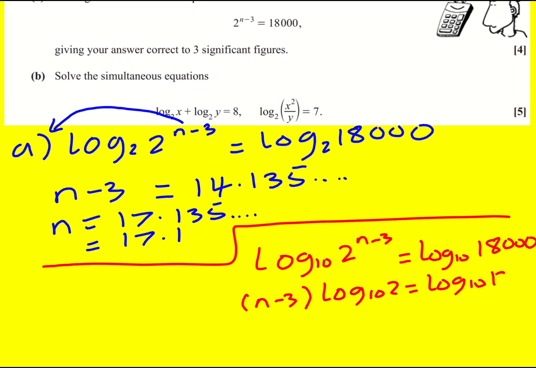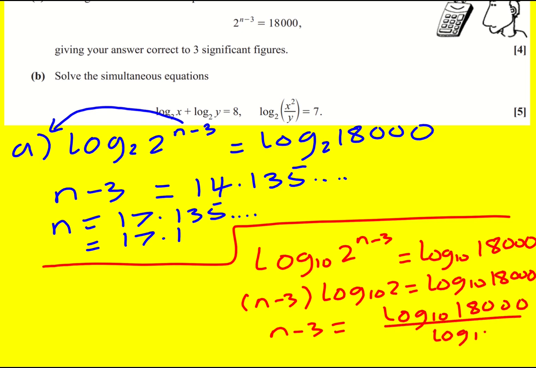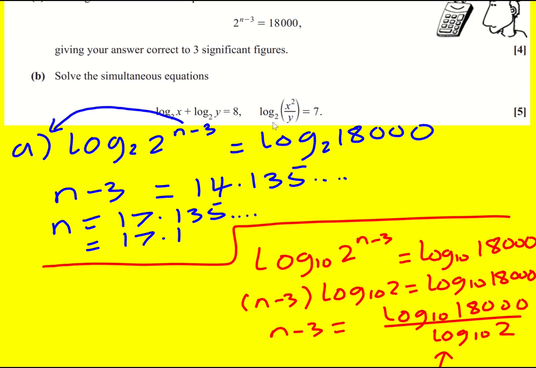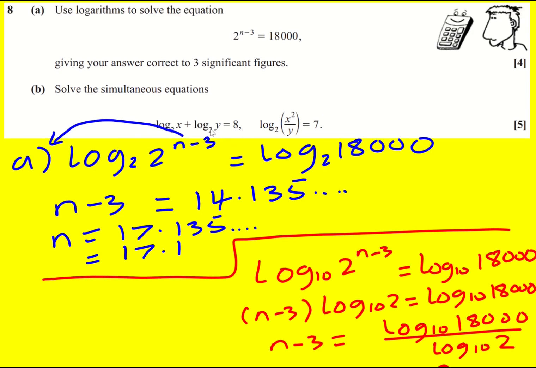So basically there's just this extra step, and then I divide. So n minus 3 is going to equal log to base 10 of 18,000 over log to base 10 of 2. Now when you put this in your calculator, which I'm going to leave you to do if you want, you'll get 14.135, and then you'll just add 3 to it. So it just takes a bit longer.